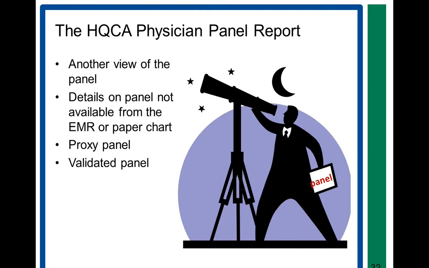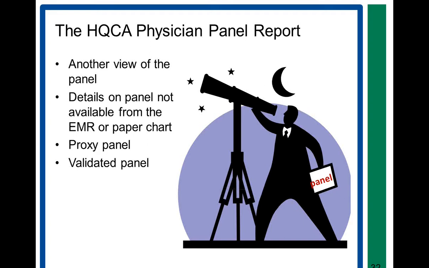So just to recap on how this is different is that the information that's coming from the HQCA is not the same as the information that's available in the EMR or the paper chart. It really is another perspective on the patient panel. So HQCA has things that doctors and teams can't see from within their EMR, such as continuity, specialist visits, or their trips to the ER.